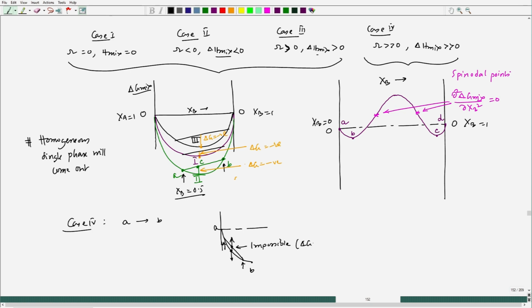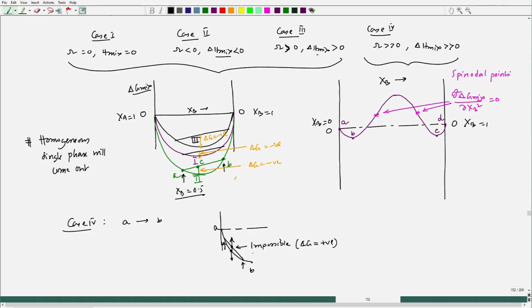Because delta G is positive, okay, non-spontaneous. So, then we have to see whether this particular point has any line or any point on the free energy axis where it can land, so that there is a free energy change which is negative, but that is also not there.